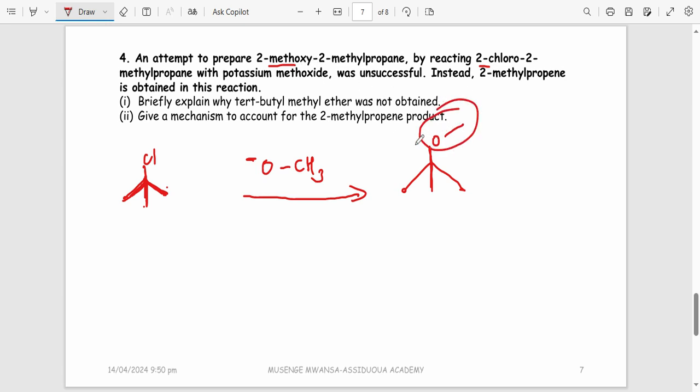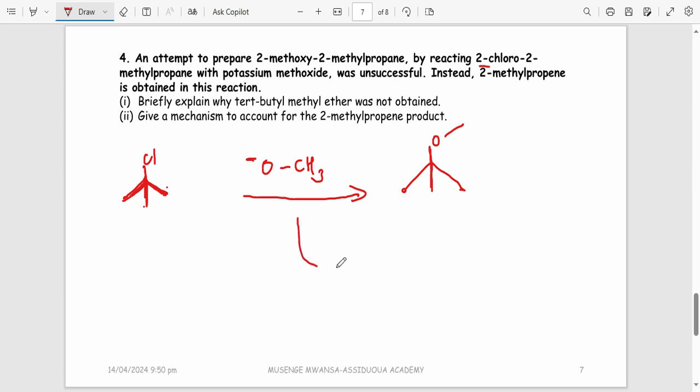This is the methoxy you can see. When you have an ether, this is how you name it. We'll talk about ethers in the next class anyway. This is the product that we are trying to get. An attempt to make this was unsuccessful.